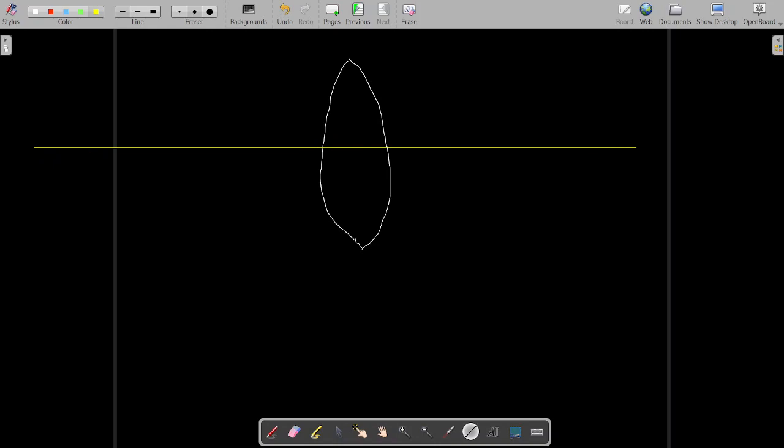So let's draw one figure over here. This is the optical axis of the lens. These two are incident rays. Okay.